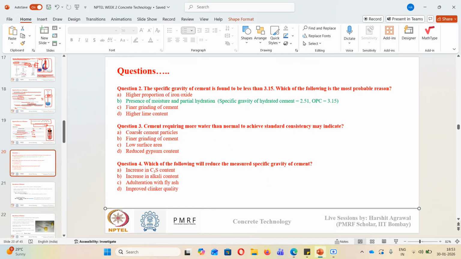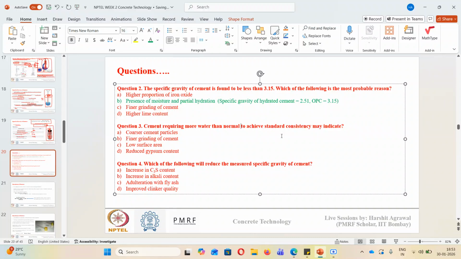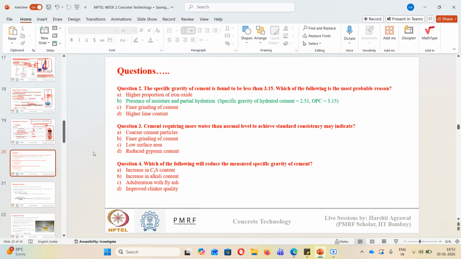Okay. Try to answer question number 3. Cement requiring more water than normal to achieve standard consistency may indicate. So cement requiring more water than normal level to achieve standard consistency, what will it indicate?